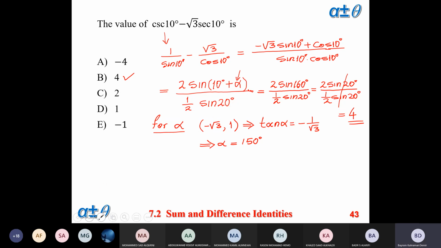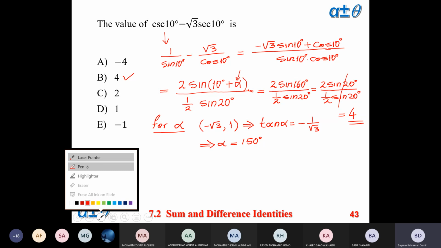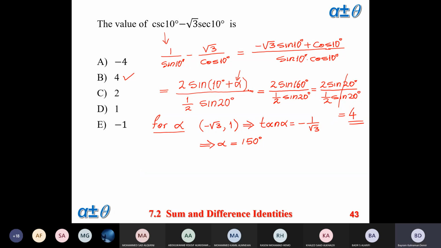For that one, I should make a small reminder for you guys. Do you remember we solved this problem before? What is sine of 2x? What was that, Shabab? 2 times sine x cosine x. Yes.